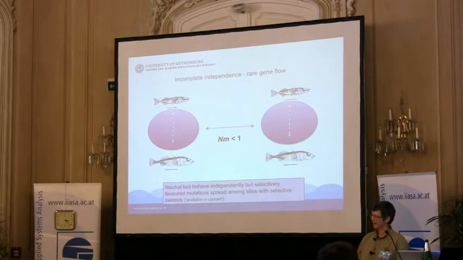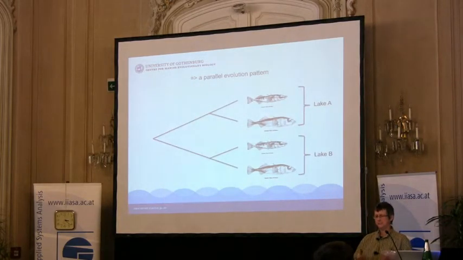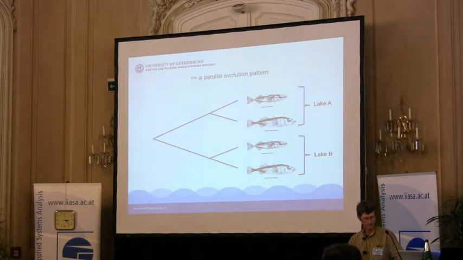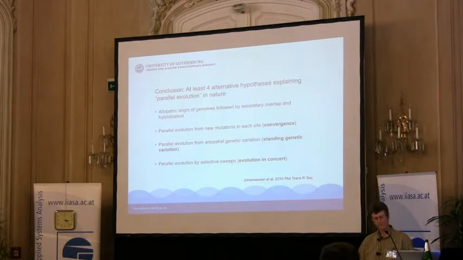Then we will have a genetic structure that looks very similar to parallel evolution, although in this case we have indeed not full independence between the two lakes. So there are quite many different alternatives to what we have been calling parallel evolution: the allopatric origin, the double invasion, the convergence, evolution from standing genetic variation, and then this last possibility, evolution in concert, as we have been calling it.